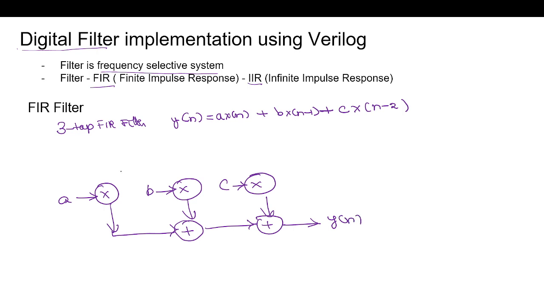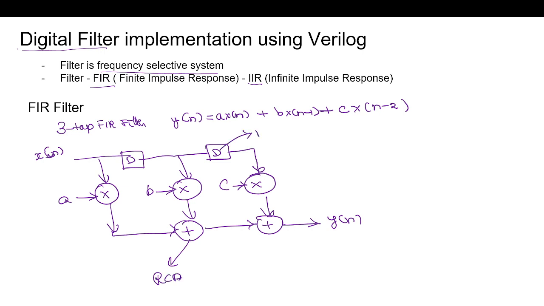Now we have to apply the input. Input is the delayed version. So we already discussed the ripple carry adder. We have already discussed the D flip flop to generate x of n minus 1 and x of n minus 2. Let us discuss another type of multiplier called Braun multiplier.